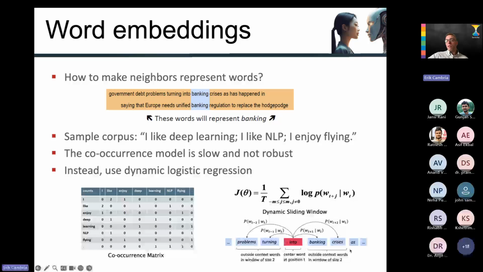We have this sliding window, once again, in this example a size 2 sliding window. As I go through the sentences, I encode the probability of this word also based on the conditional probability of other words appearing before or after the target word.